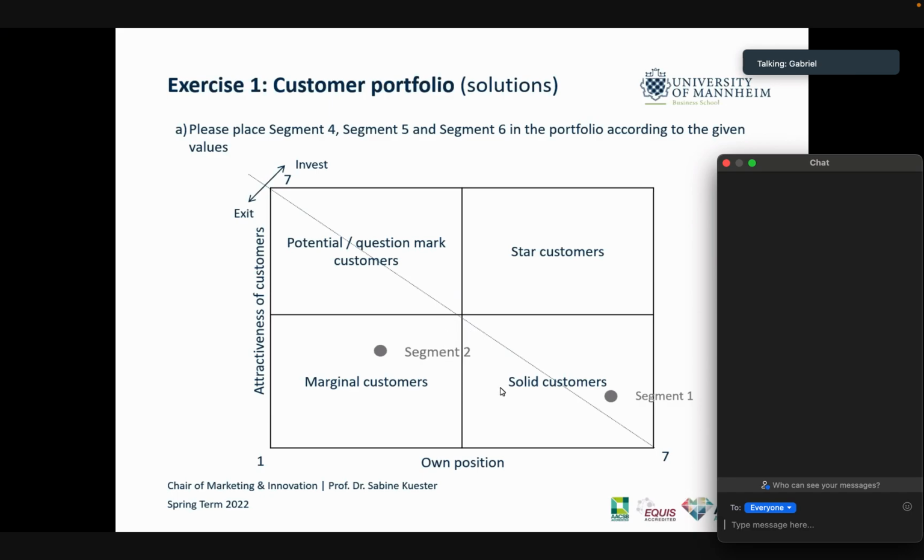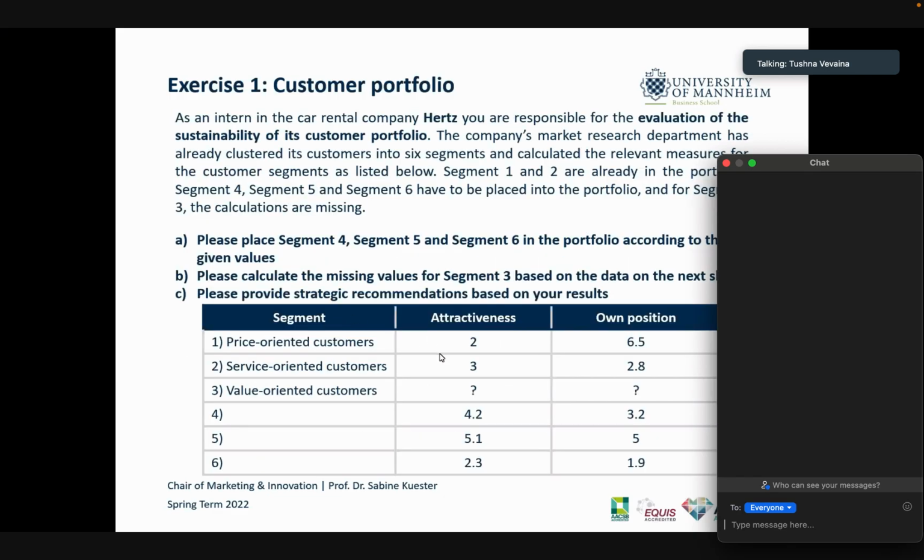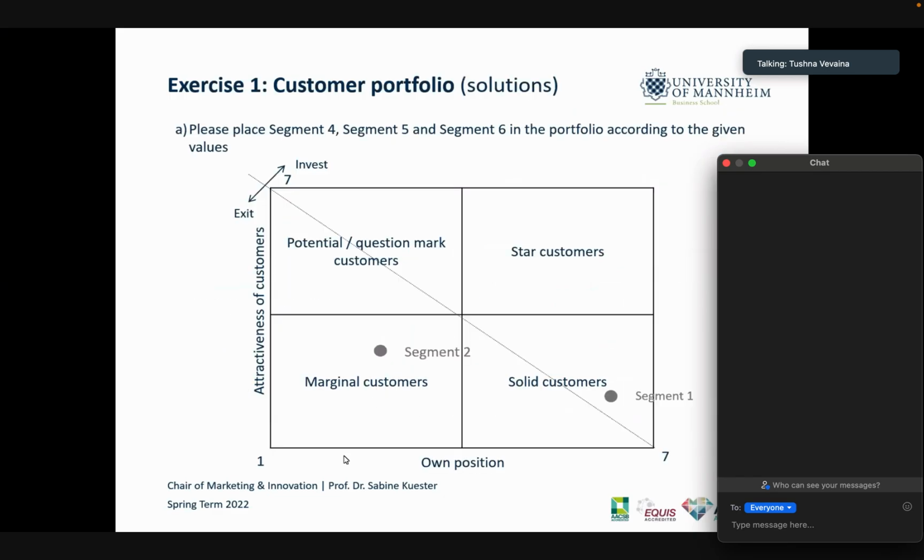That would be potential question mark customers. Okay, and any idea whether it would be in the lower half or in the upper? In the upper part, in invest. Invest. Okay.